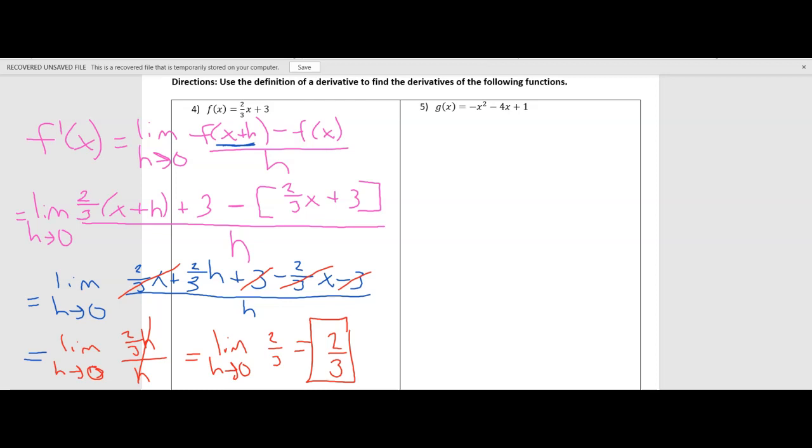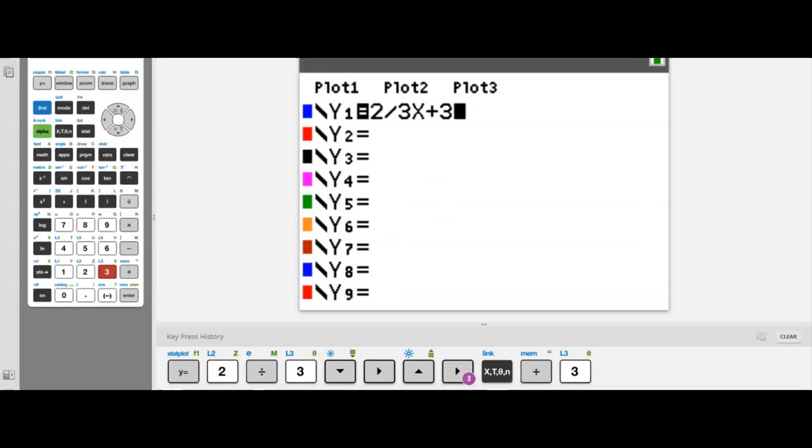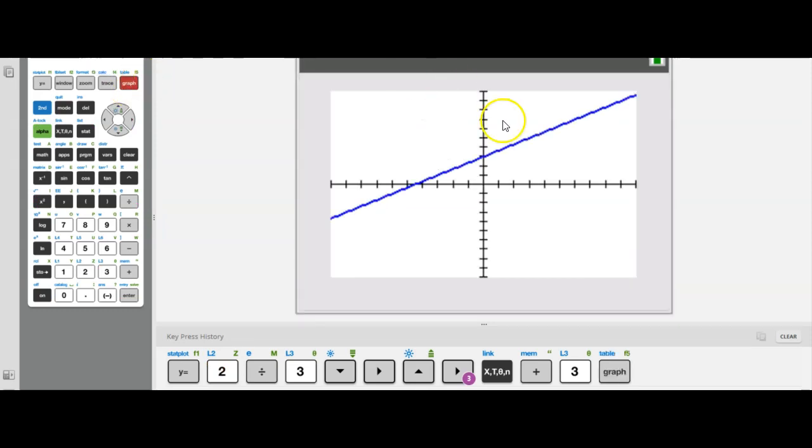And I'm going to pull up the calculator just to show you what I mean by that. Okay, so I have my function entered into my calculator. We should understand that this is going to be a linear function, which it is. And if it's a linear function, the slope is constant.